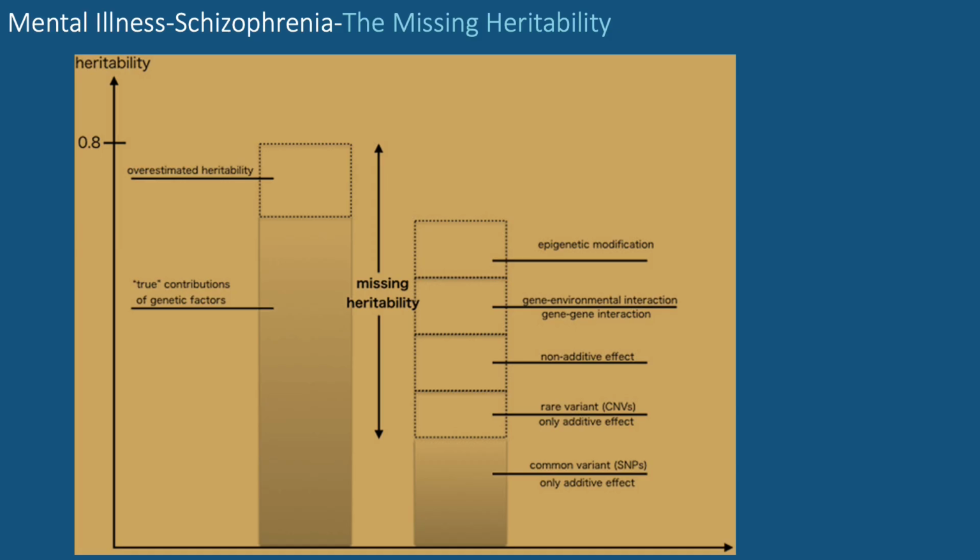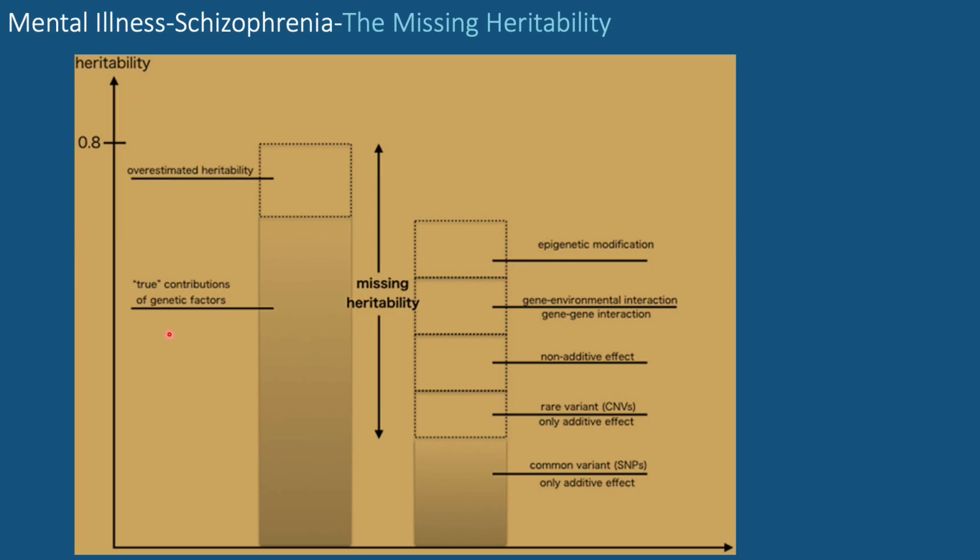There must be something else that explains why schizophrenia and other diseases are so heritable, meaning why they run in families. If you look at this cartoon, the heritability is represented on the y-axis, this vertical axis, and 0.8 means 80% heritability.